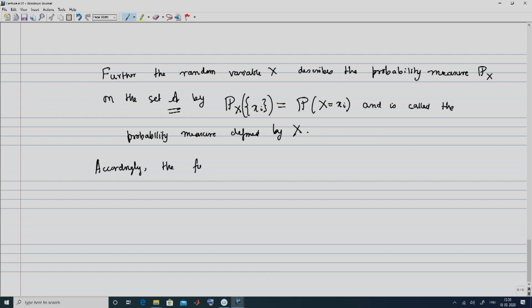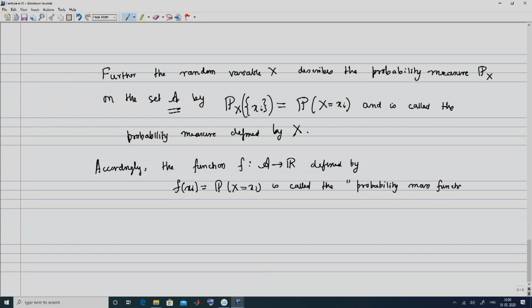the function small f from A to R, just like we had defined the small f earlier to define the probability mass function, defined by f of x i is equal to probability x equal to x i, is called, just like before, this time also we are calling this the probability mass function of the random variable x.